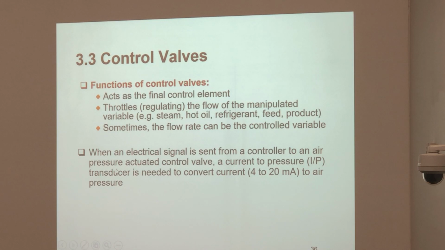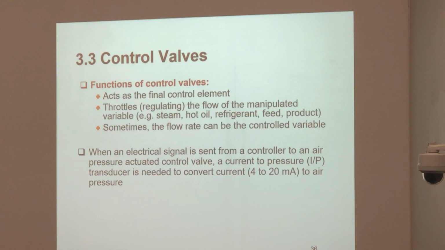So this sentence means if the control valve is the air control type, but I send an electrical signal, I must convert the signal into air in order for it to work. So I need a pressure transducer, converting 4 to 20 milliamp to pressure. Alright?